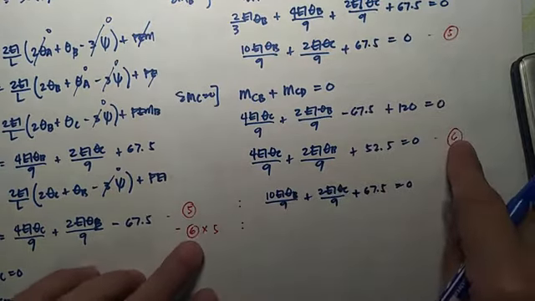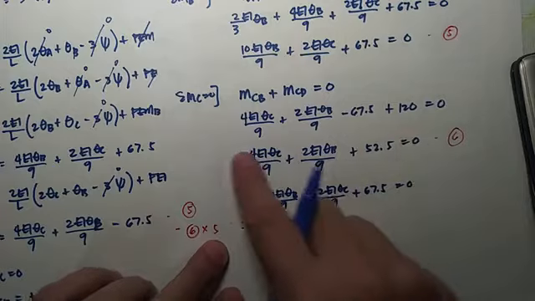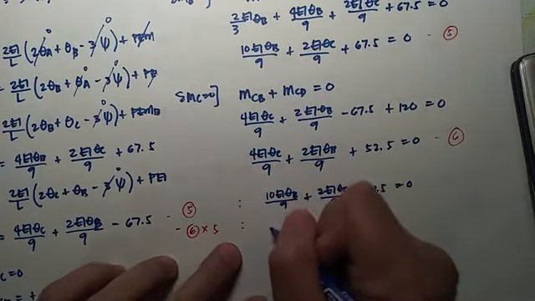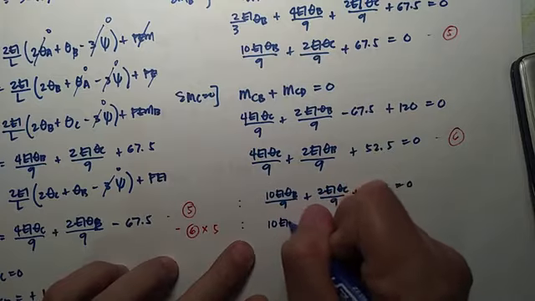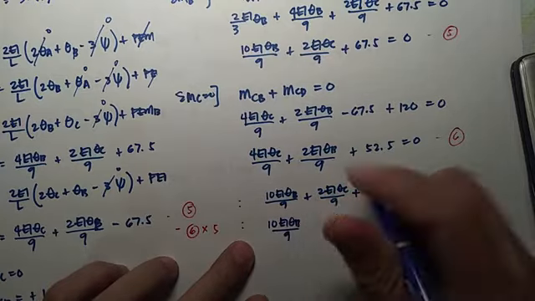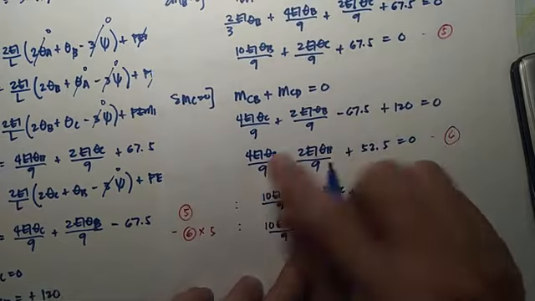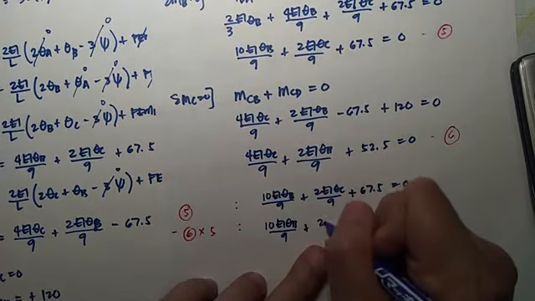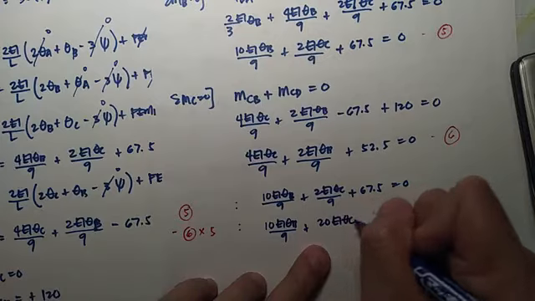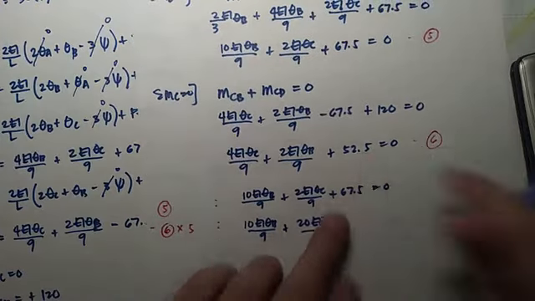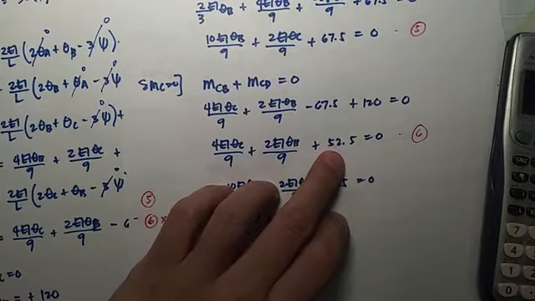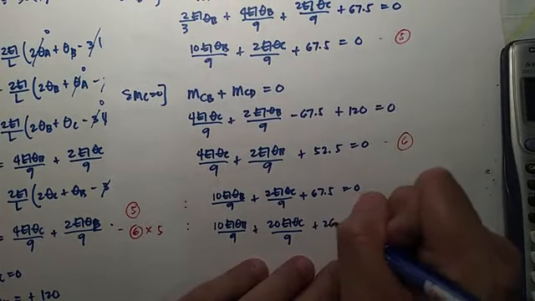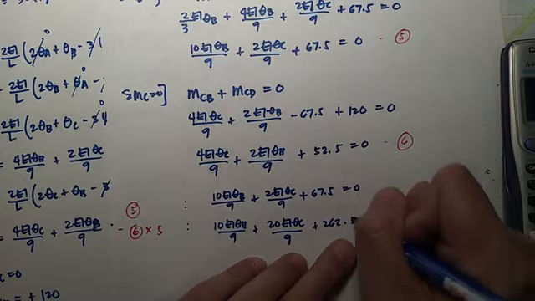Equation 6, i-multiply ko siya lahat ng 5. So, eto, pag minultiply ko ng 5, magiging 10 EI theta B over 9. Tapos ito, pag minultiply ko ng 5, 5 times 4 is 20 EI theta C over 9. Tapos ito rin, 52.5 times 5, magiging siyang 262.5 plus 262.5 equals 0.